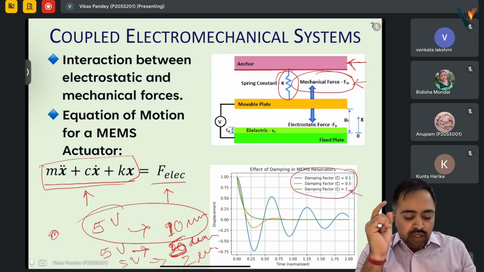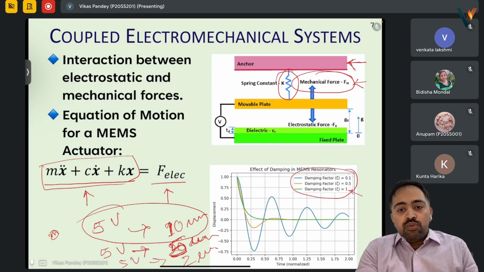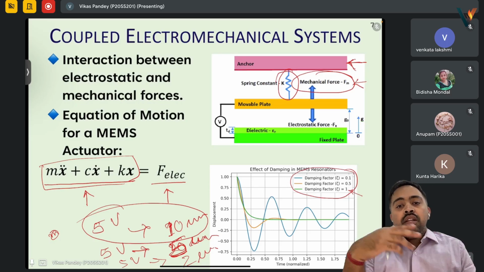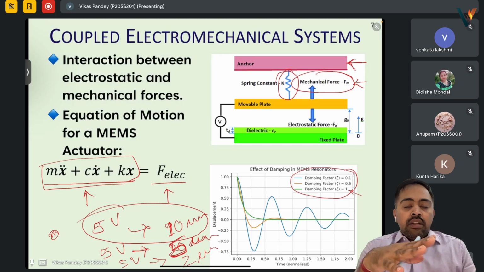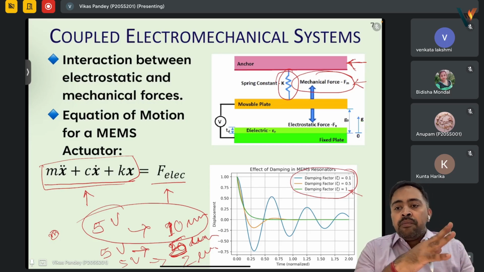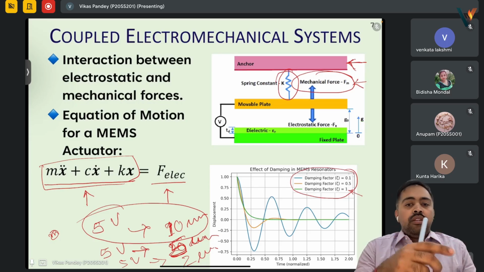In the previous class, one question was there: what is the most common material that we choose for MEMS devices. So I said there are two reasons. One is that it has very good mechanical strength, due to its properties, like having good stable mechanical properties established over a period of time. Second is obviously that it is very well known, and it is readily available in the semiconductor industry, and that's why it is very easy to adopt.